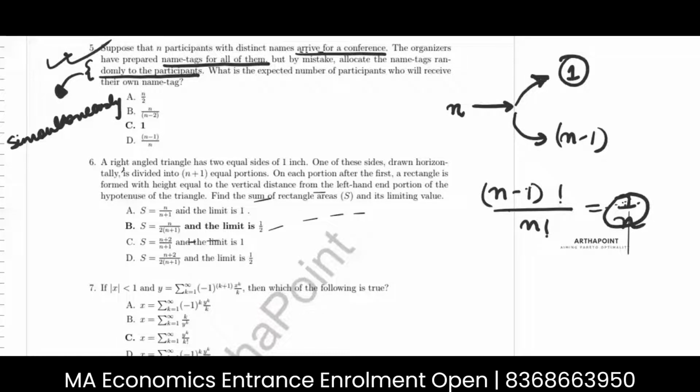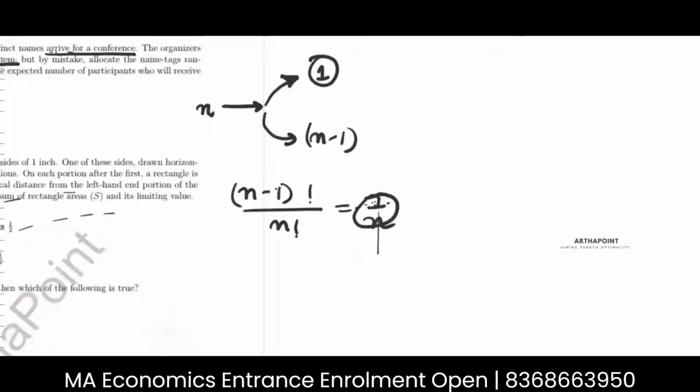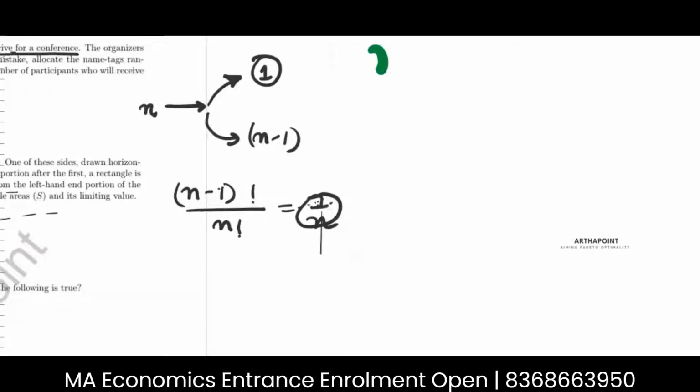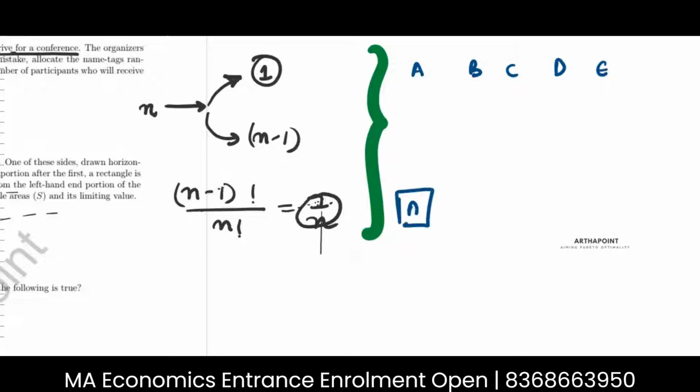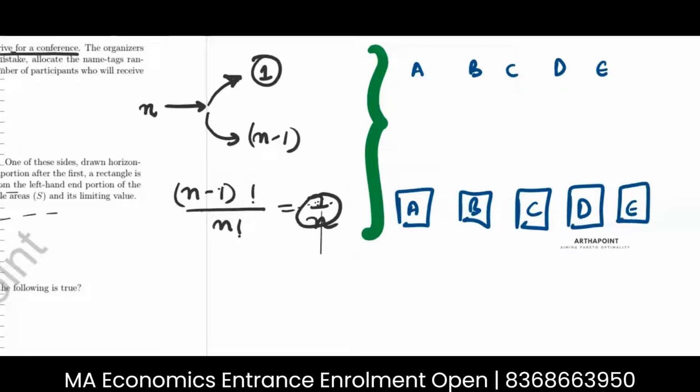So if I tell you that there are 5 participants, let's say A, B, C, D, and E, and I have 5 name tags also. These are the name tags. There is only one correct name tag for a participant.